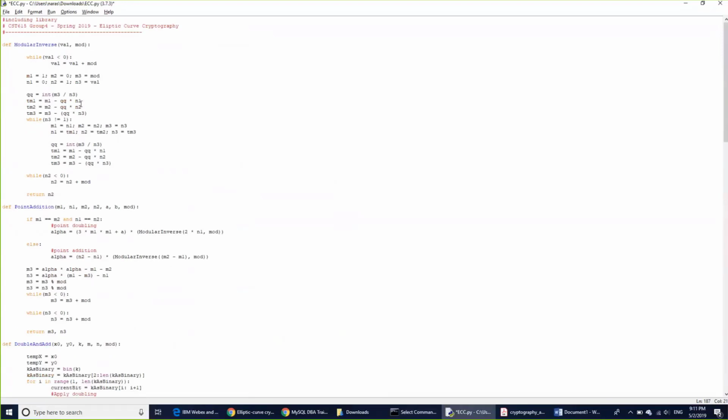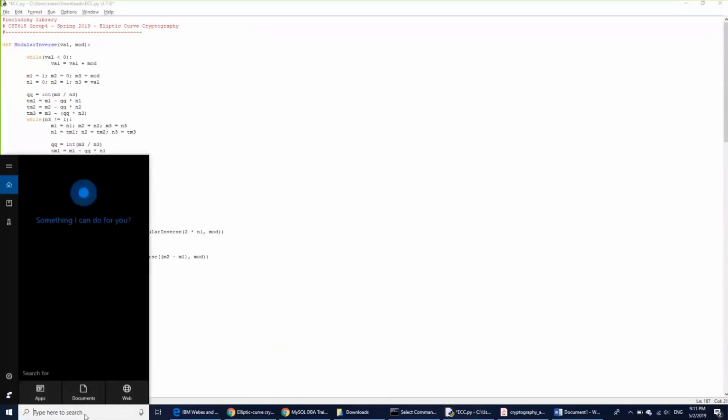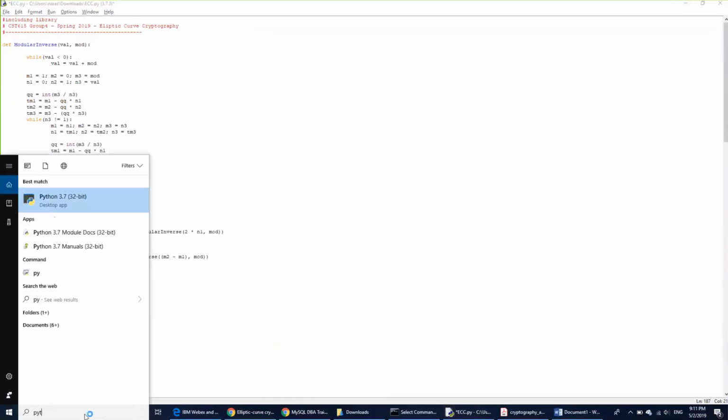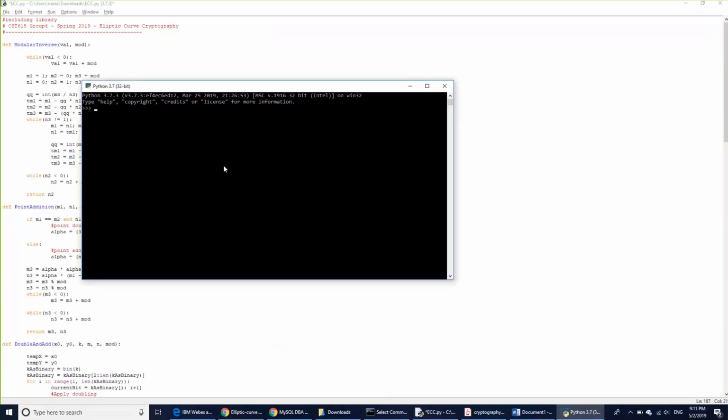And for this one, we installed the Python software with version 3.7.3. And yeah, if you look at this one, this is the Python console.